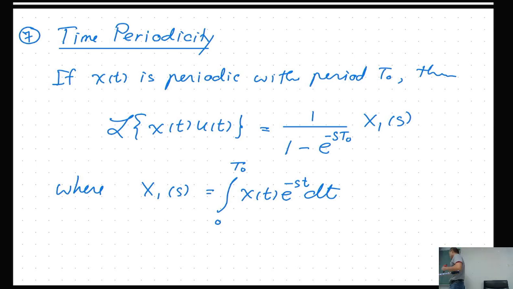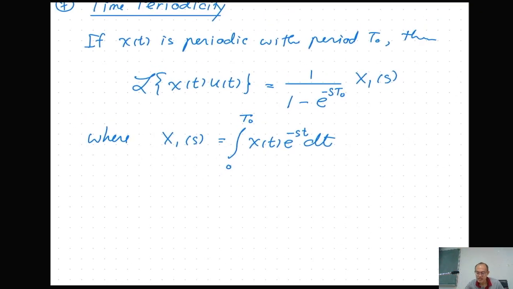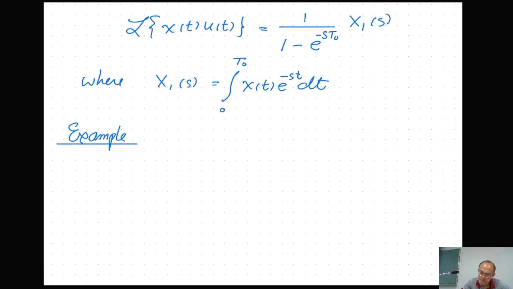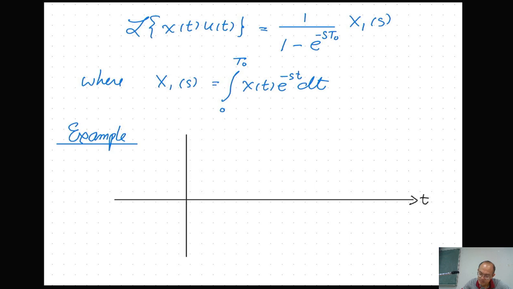So when you look at it, it may look complicated, it may look so difficult, but please take a look at this example. You'll see exactly what this means. Suppose we are given this periodic signal, and it starts at time 0.